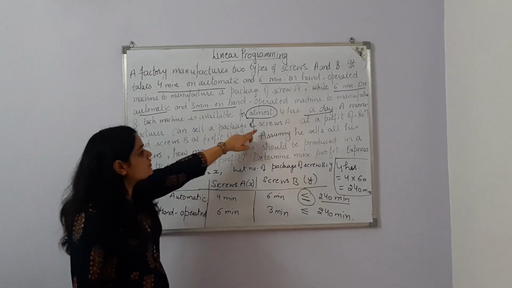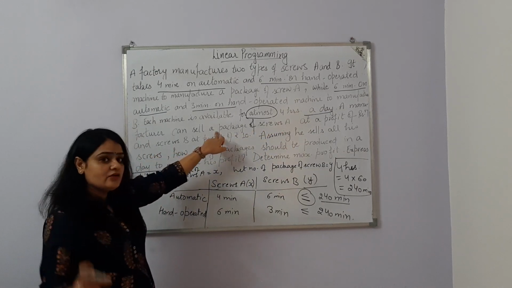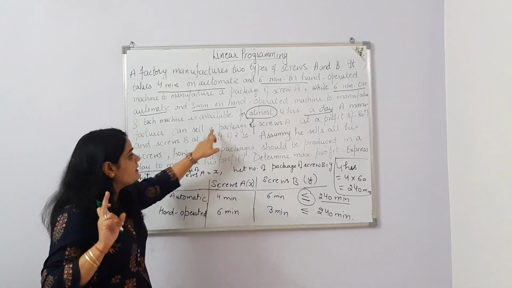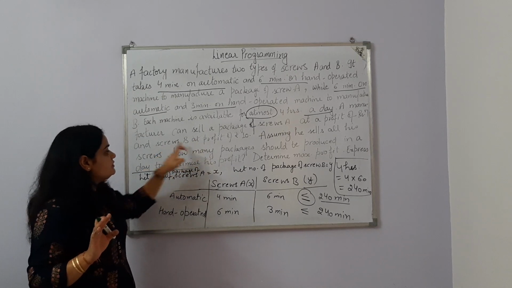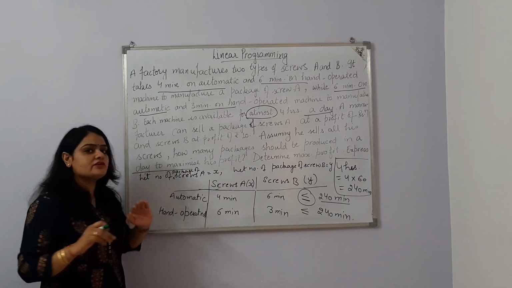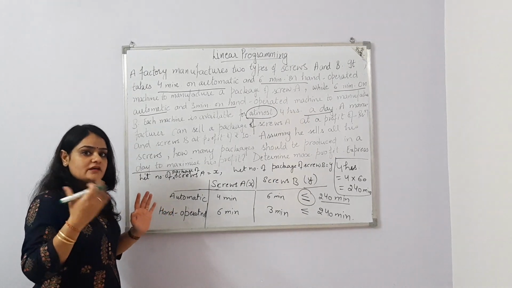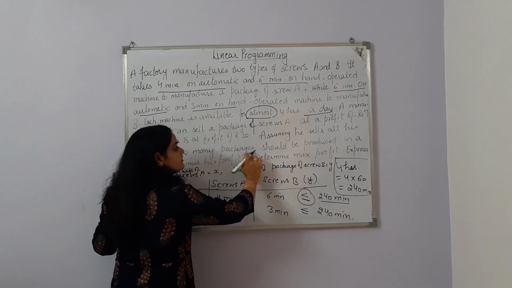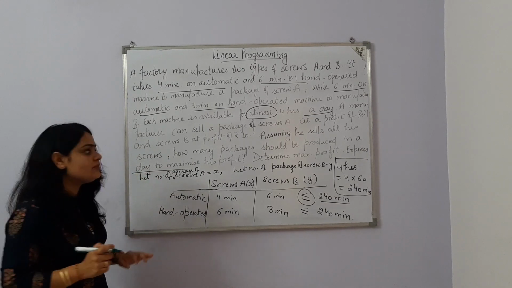On a single package of screw A, he is getting ₹7 as a profit, and ₹10 as a profit to sell screw B, assuming he sells all his screws. It should be assumed that the manufacturer is selling all the products that he is manufacturing. Now, how many packages should be produced in a day to maximize his profit?